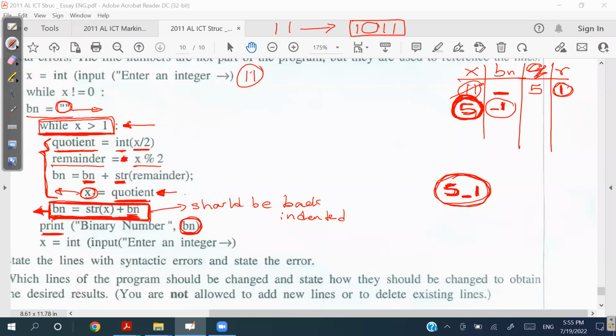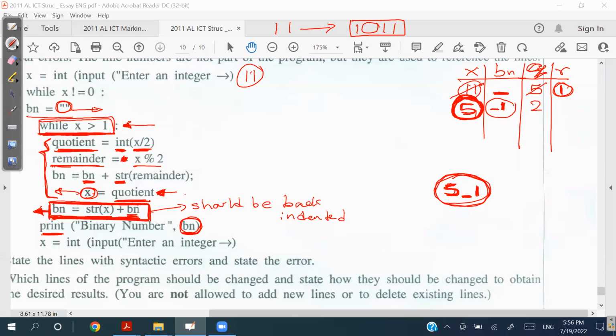So again the quotient is assigned x divided by 2, converted into int. 5 divided by 2 is 2.5, and once converted into int it is 2. So for 5, the quotient is now 2.